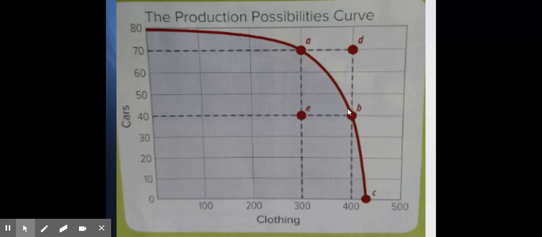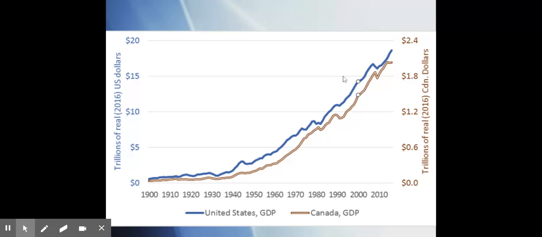But by 2010, now all of a sudden we're out here at a point that otherwise would have been unattainable in 2000. If you say, why can't we just have $17 trillion in GDP? The answer is, well, we can't have $17 trillion in GDP because that's in the future.